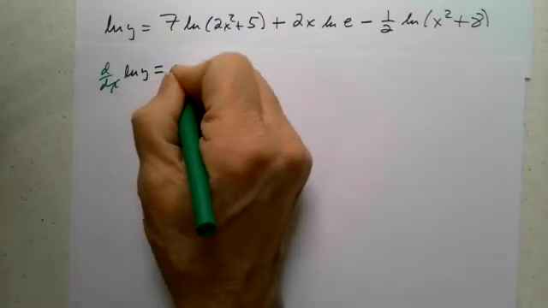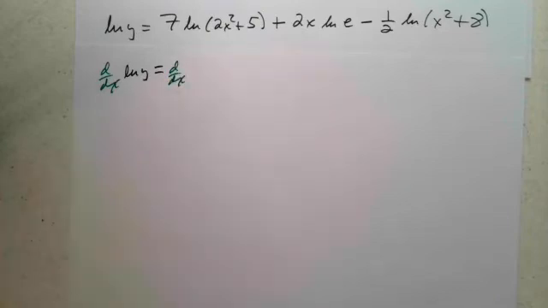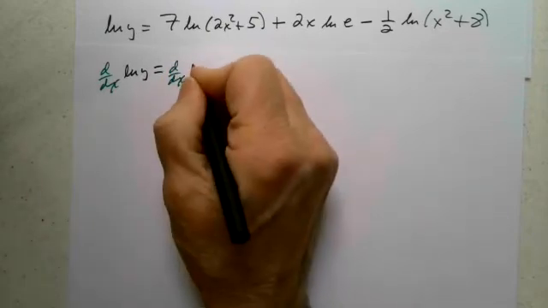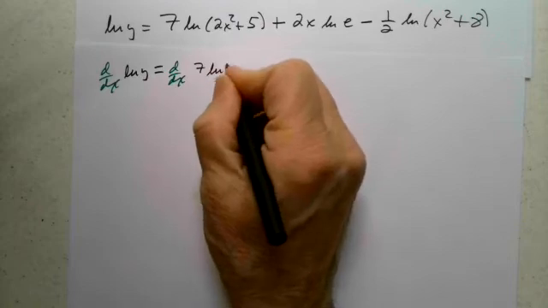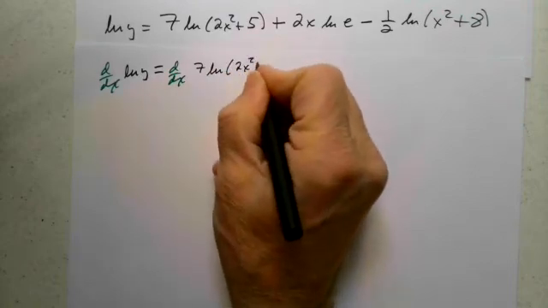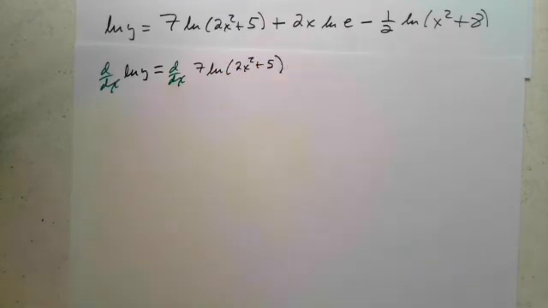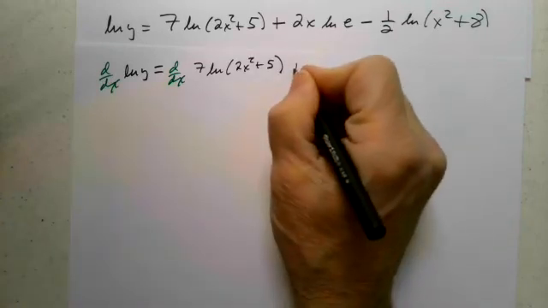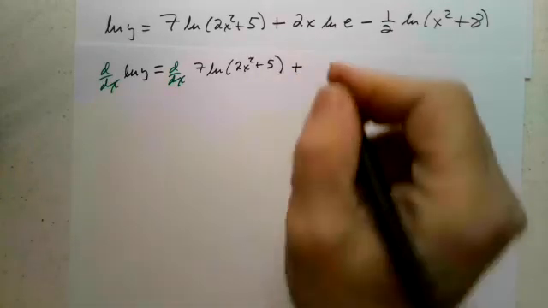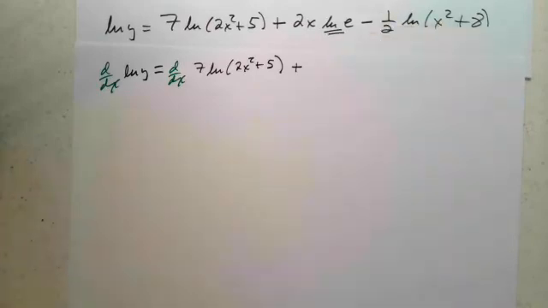So the derivative with respect to x of the first piece, 7 times natural log 2x squared plus 5 plus, well, what is natural log e? Natural log e is just 1. e to the first power is 1.